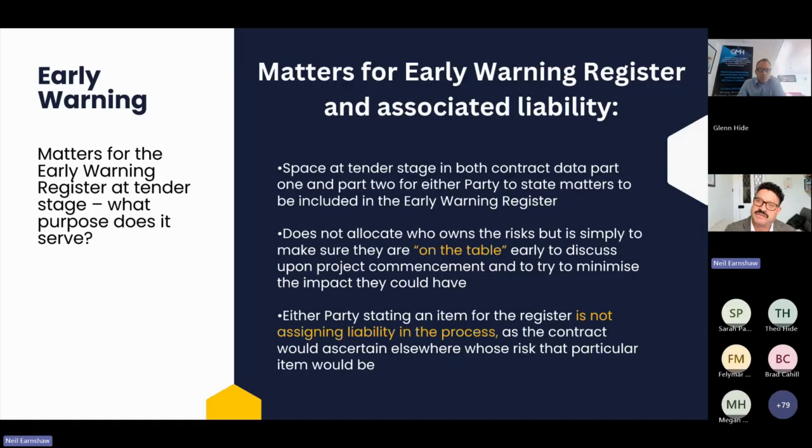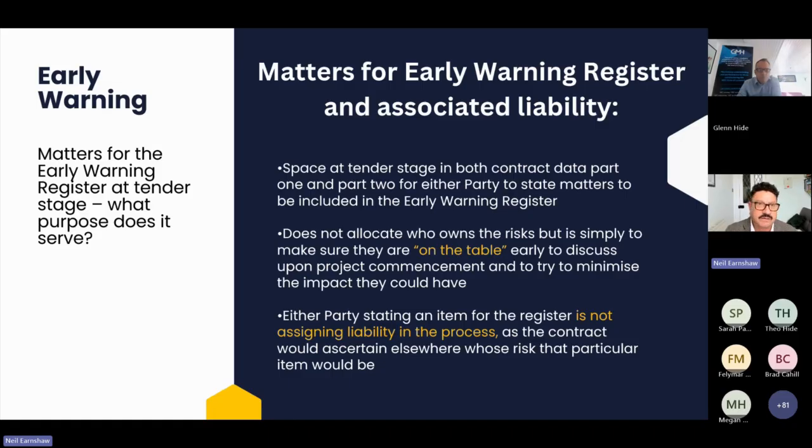Actually, a little bit of history: if you go back to NEC 3, which was first published in 2005, and then was overtaken by NEC 4 in 2017. NEC 3 and the contracts before that referred to a risk register, and that's where this common misconception came from, that it's allocating risks.